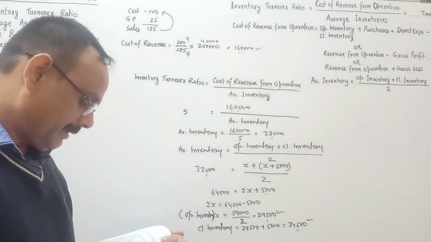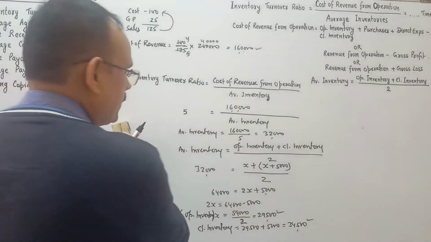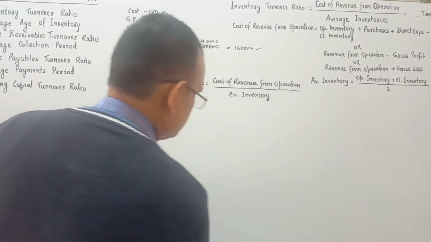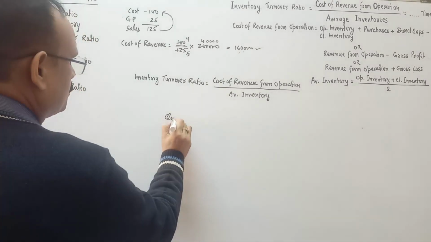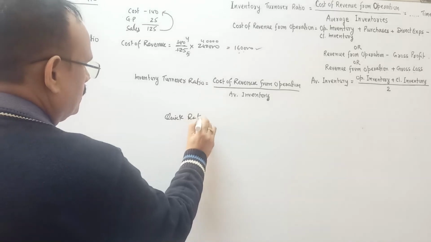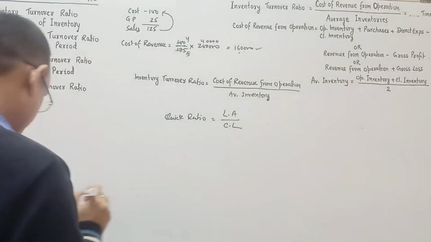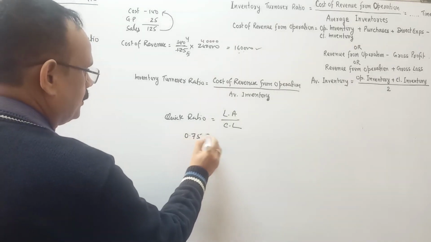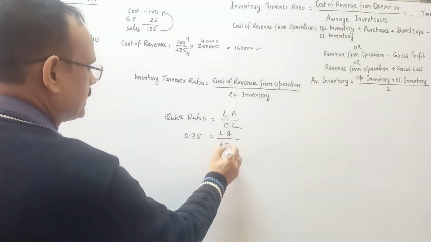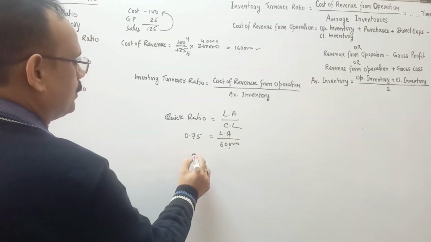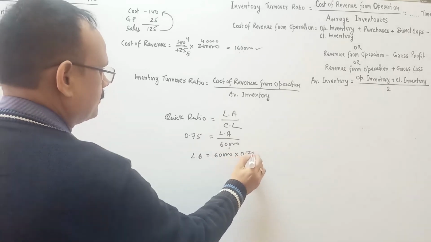There is one formula given about the quick ratio. I am going to write the formula of quick ratio, that is liquid ratio. Quick ratio is equal to liquid assets upon current liability. So quick ratio 0.75 is equal to liquid assets upon current liability. Current liability is given in the question, that is 60,000. So liquid assets is equal to 60,000 into 0.75.